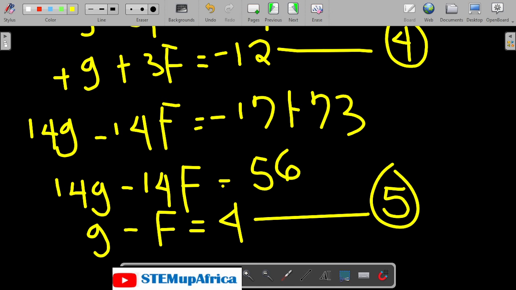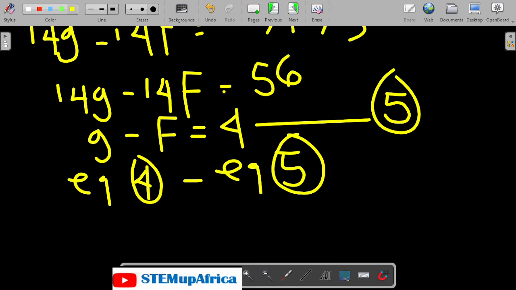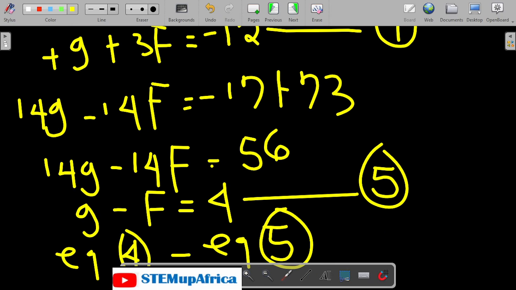So we solve equations 5 and 4 simultaneously. I can subtract equation 5 from 4. So g minus g is 0.